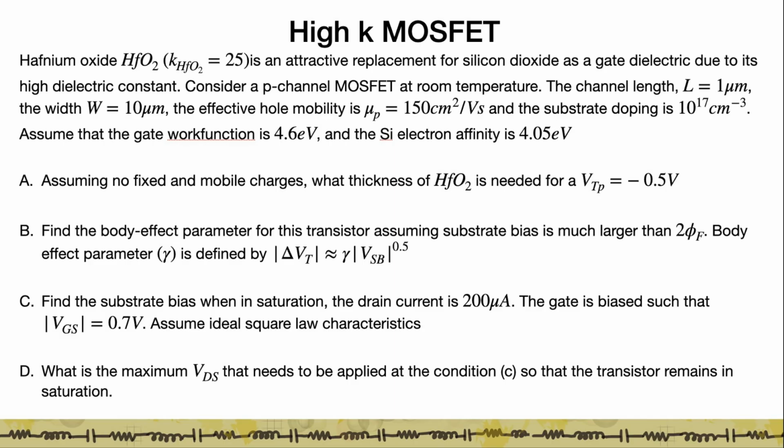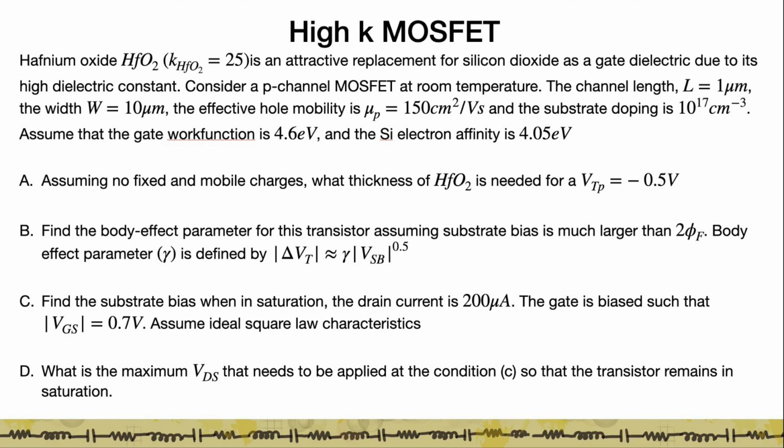C. Find the substrate bias when in saturation the drain current is 200 microamp. The gate is biased such that VGS is 0.7. Assume ideal square law characteristics. And finally in D, what is the maximum VDS that can be applied at the condition in C so that the transistor remains in saturation?